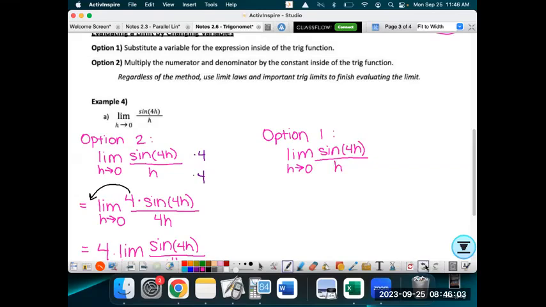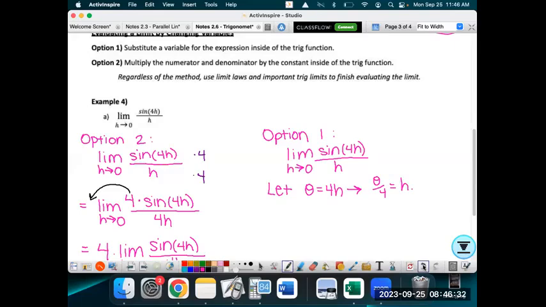So option 1 uses substitution. In my next line, I'm going to say, let the expression that's inside of sine, so let 4h equal theta, which means that theta over 4 also equals h.